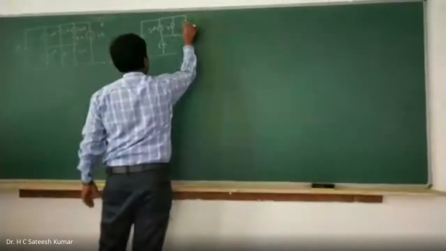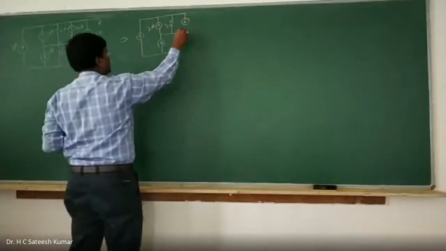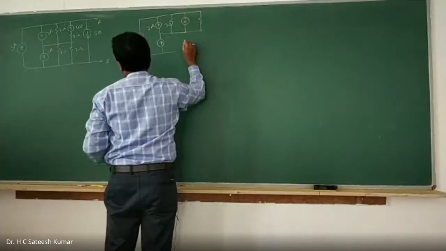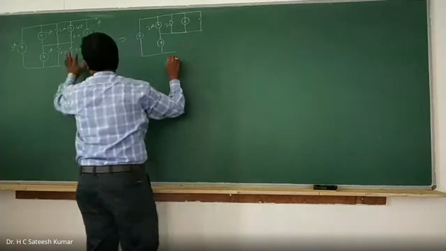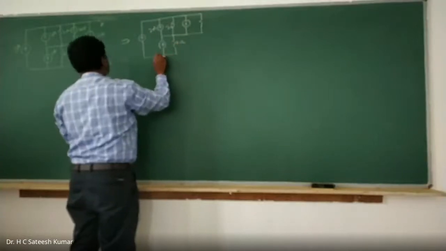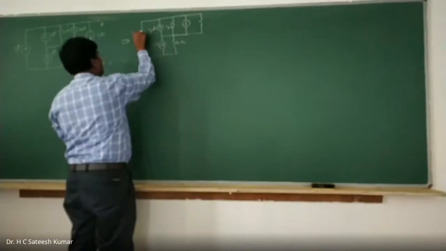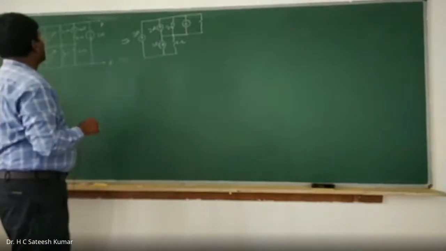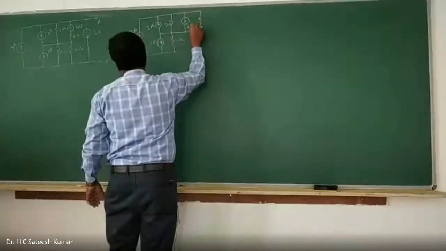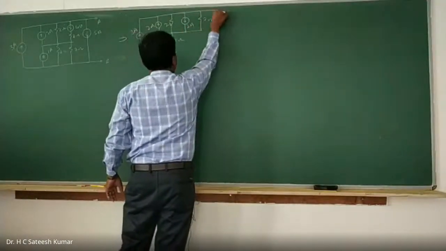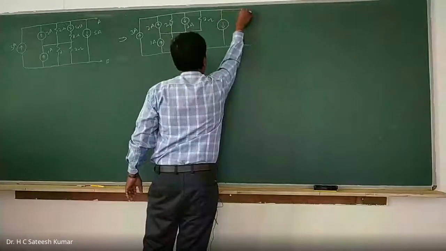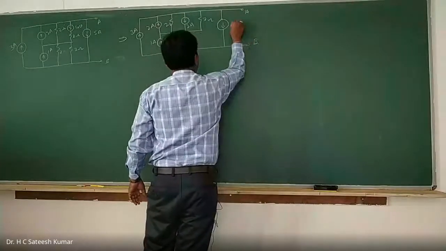A current source downwards because minus plus is there, and a resistance will be there, and 2 ohm parallel with 2 ohm, we can write it as 1 ohm, 1 amp, 3 amps, and I is equal to V by R. 4 by 2 is 2 amps, and this is 2 ohms, and this is 5 amps.